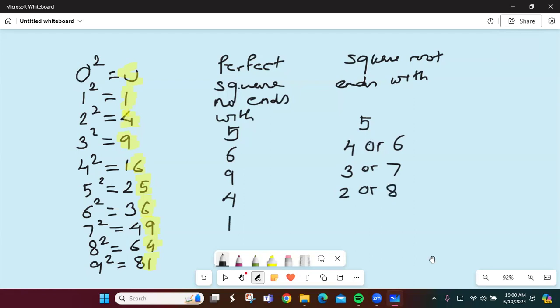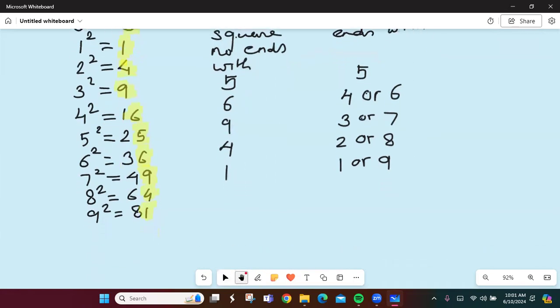And a perfect square that ends with 1, the square root will have 1 or 9 on the units place. This table also tells us that a number that ends with digits like 2, 3, 7, 8 is not a perfect square. So, keeping this in mind, let us go for some problems.